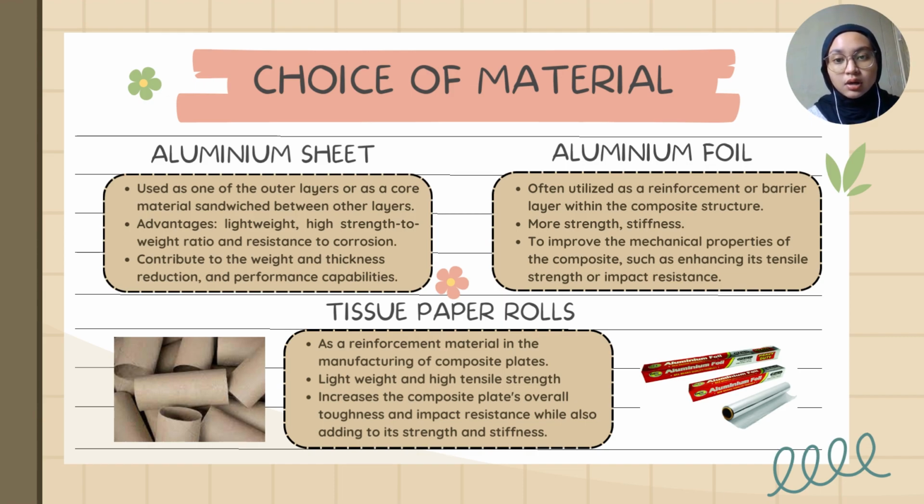Tissue paper rolls increase the composite plate's overall toughness and impact resistance while also adding to its strength and stiffness. They can be used to create lightweight components with improved mechanical properties such as increased strength to weight ratio and resistance to fatigue.